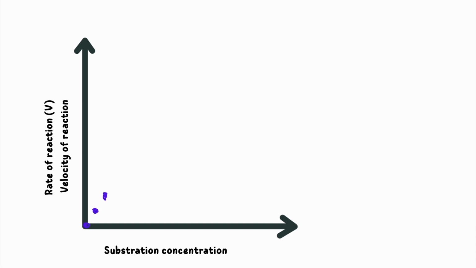The initial rate of reaction is always steep, that is, it is high and grows fast. But after some point, if we keep increasing the substrate concentration, the steepness becomes slightly less. And at some point, it remains the same even if we increase the substrate concentration. This maximum rate of reaction is known as the Vmax.